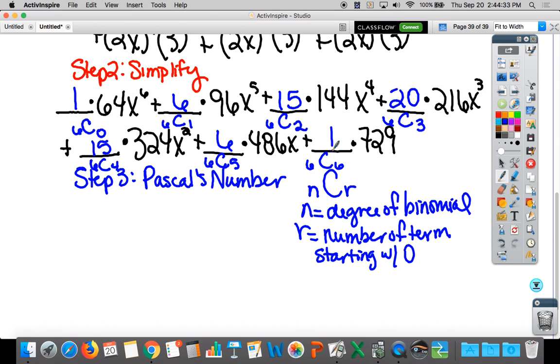Now, take a look at my blue numbers in the blanks. Tell me what you notice. All right, so they end up repeating. What can we tell about the first and last number? Same. They are 1.